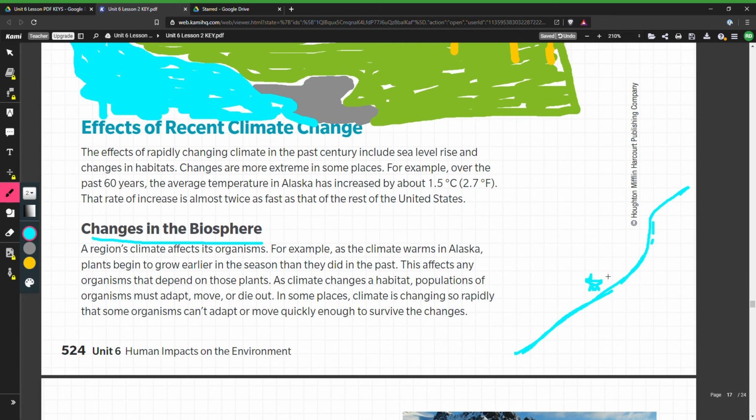So anyway, the pika live in a very particular range of mountains because they have to be a certain temperature, and so as climate change has taken place, they've had to move higher up the mountains, which gets them away from the bushes and stuff that they hide in, so they're exposed more often.